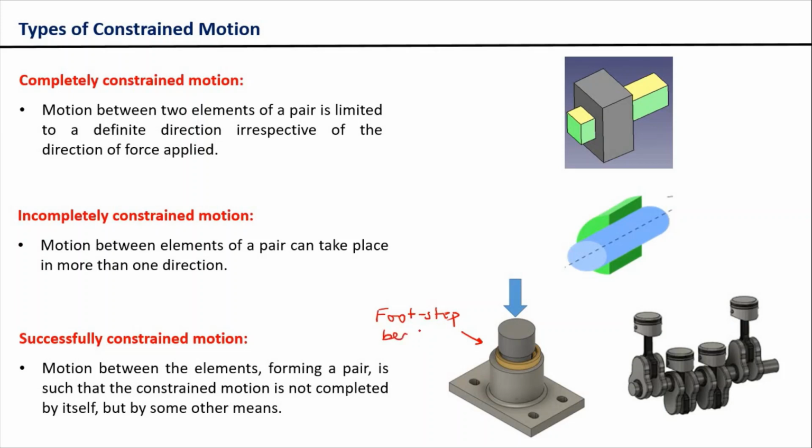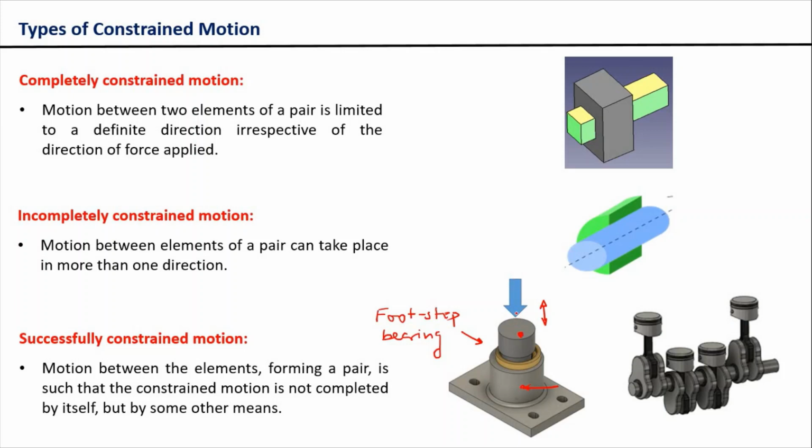Here in this diagram, you have a shaft which is turning inside a bearing. The shaft can turn inside the bearing and at the same time it can translate along the vertical axis, representing an incompletely constrained motion.